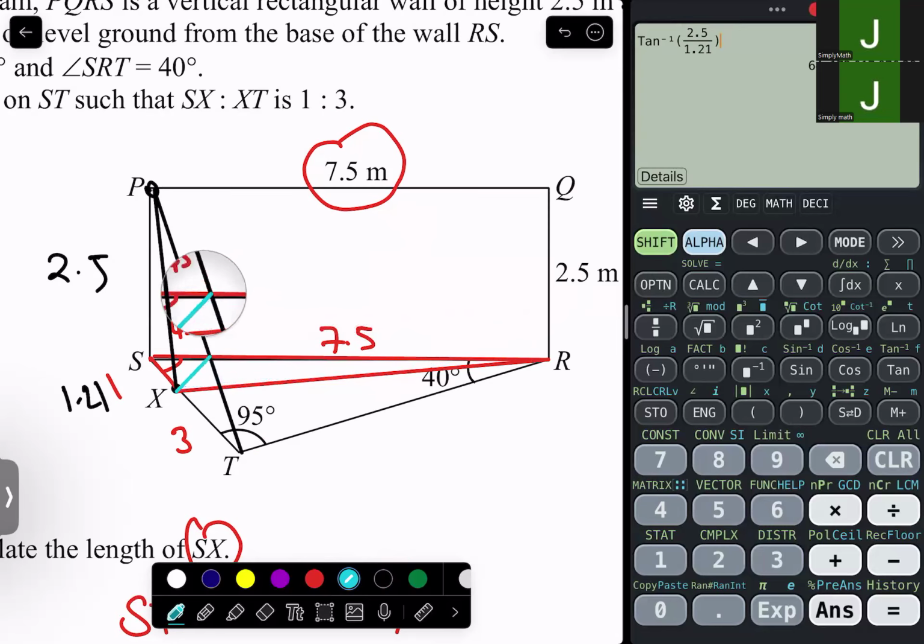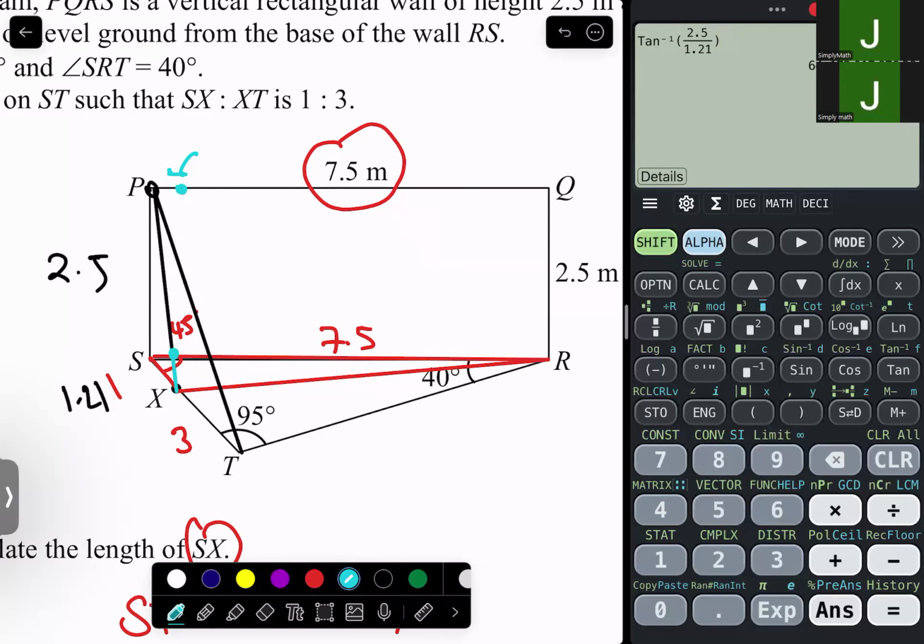So actually the shortest distance is over here, not S, but over here, perpendicular. So the bird must lie down here such that it forms a triangle like this. I'm not sure whether you can understand this, but this will be the greatest angle of elevation. So I need to know the length of this point.